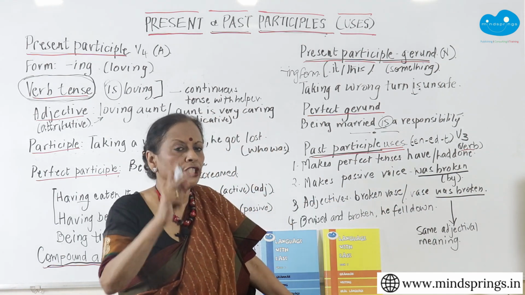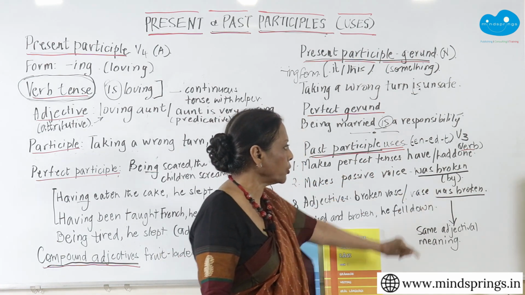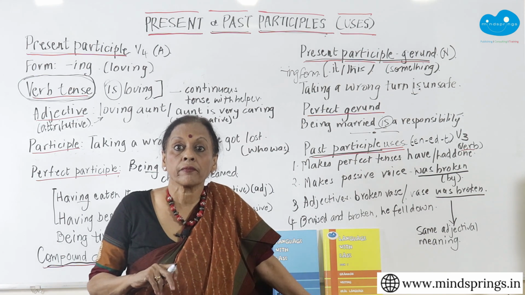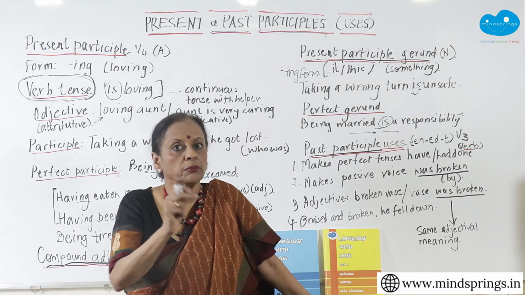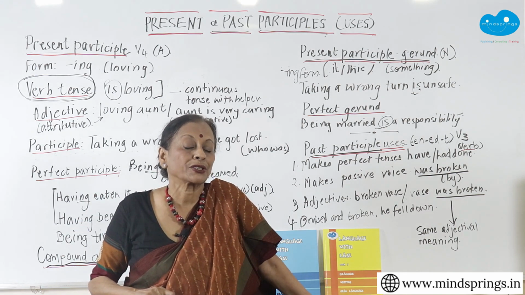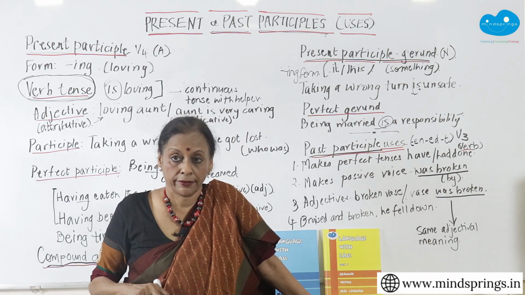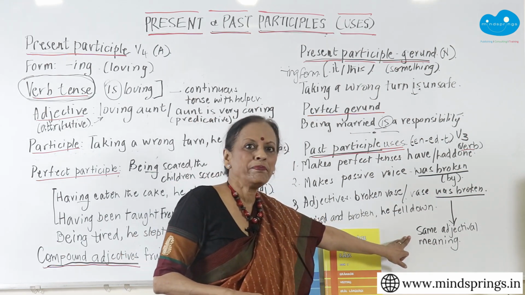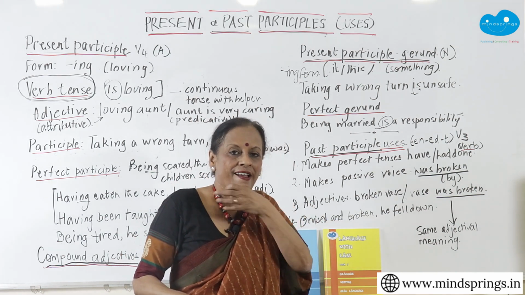Now, the confusion comes because this is also was broken and this is also was broken. So, people start fighting. Some say it is an adjective and some say it is a passive voice. So, which is correct? Both are correct. Because it is the same meaning, isn't it?